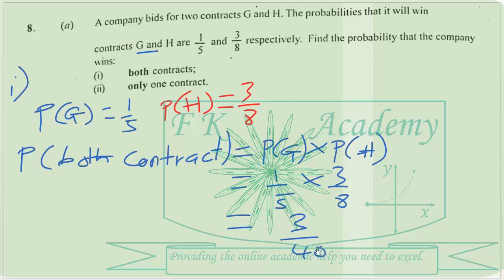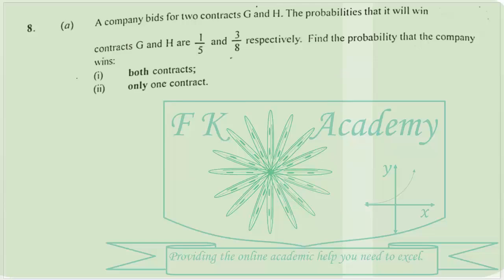Then the A(ii) part: the probability that he wins only one contract.